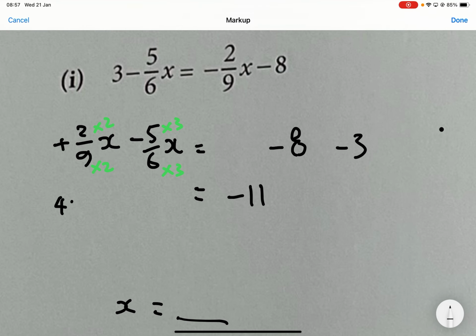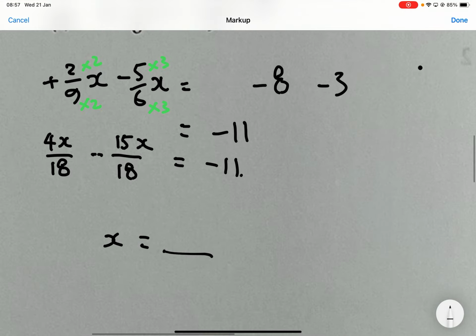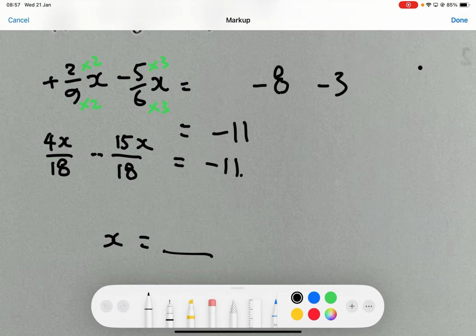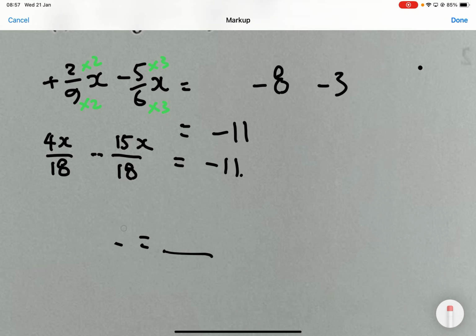I will have 4x over 18 minus 15x over 18 equals negative 11. Okay, I need more space, so this one I erase first. Later I put back.